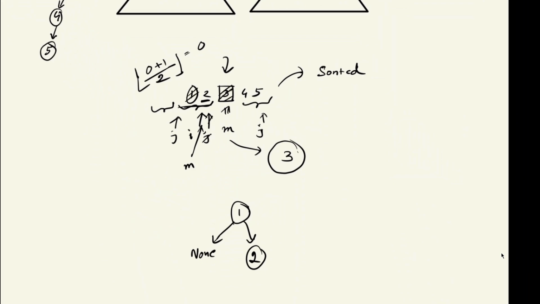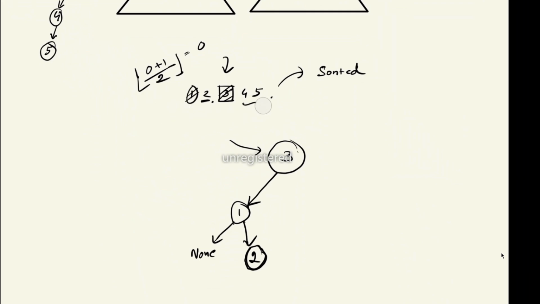As j crosses i, we can say 2 is basically a leaf node. So now we return this to the 1 and we will get a connection like this. After that, when we are done with this, we return this 1 to 3 and get a connection like this. As this simulation is becoming a bit cluttered, I just remove all these things.